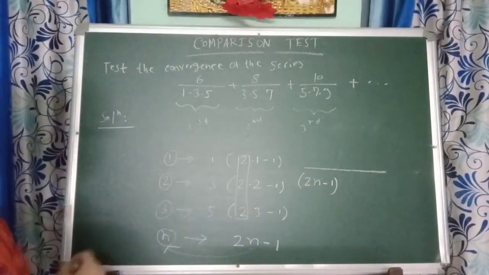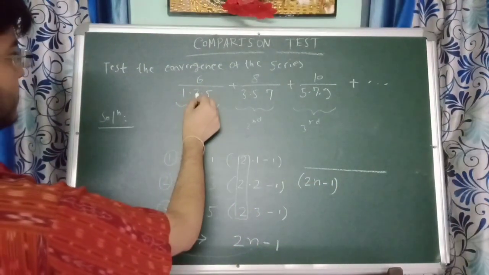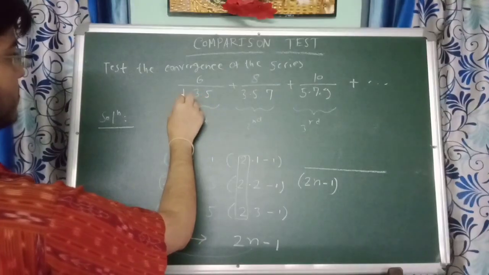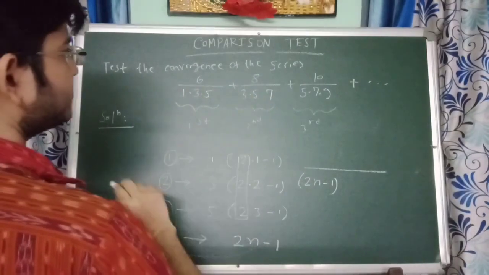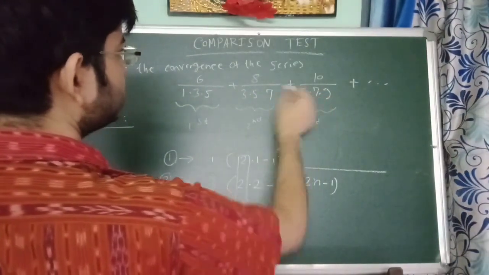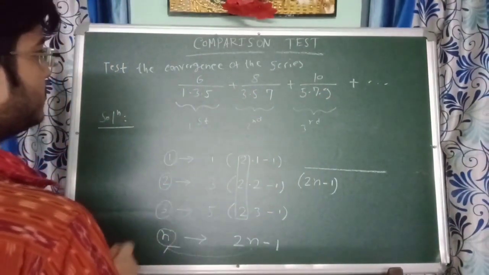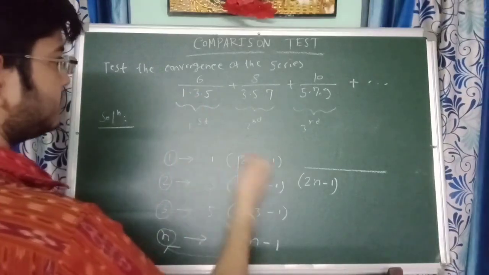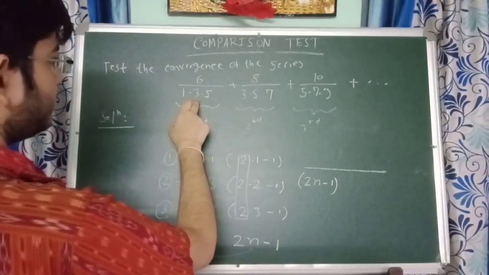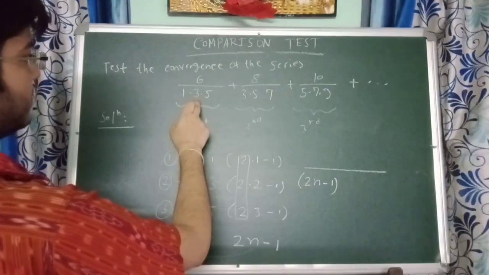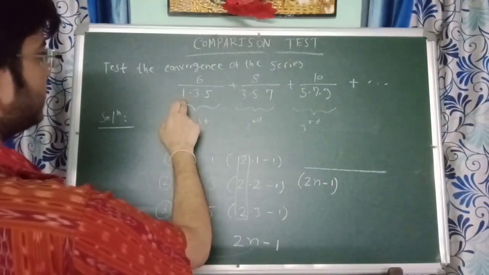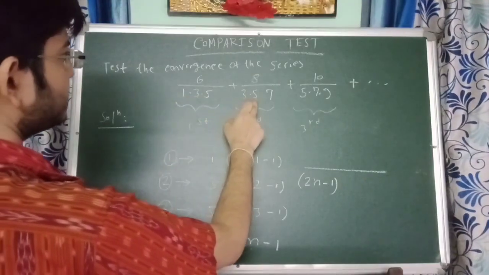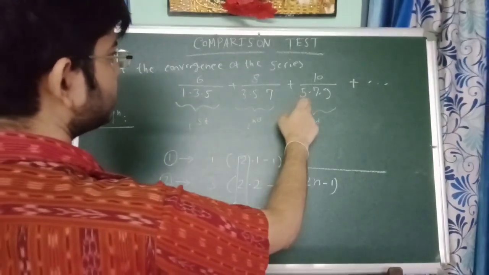Next is very easy. Here we see that 3 minus 1 is 2, 5 minus 3 is 2, 7 minus 5 is 2. So the next number in the denominator part is just 2 more than the previous one, that is, 1 plus 2 is 3, 3 plus 2 is 5, and 5 plus 2 is 7.